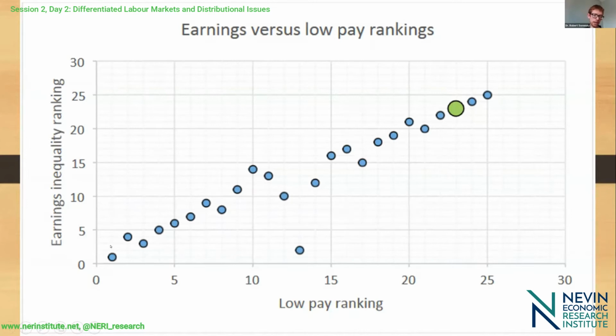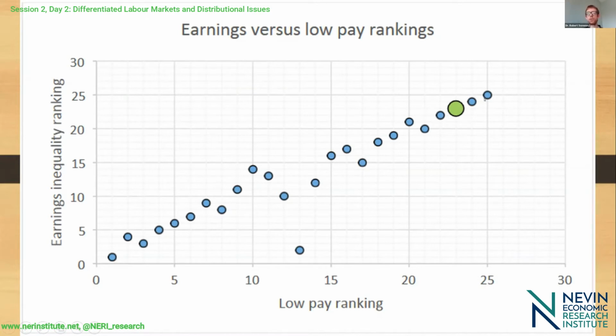This country has the lowest prevalence of low pay. It's ranked number 1, but it's also ranked number 1 in terms of inequality, i.e. it's the most egalitarian. And in general, this is almost a straight line, meaning that countries which are unequal when it comes to earnings also have high rates of low pay, and Ireland is one of them.